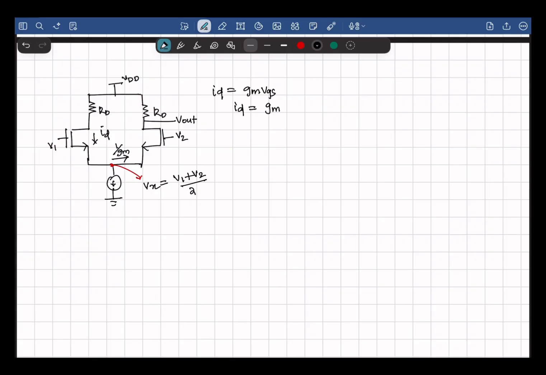So the small signal current ID is equal to GM times (V1 minus V2) divided by 2. Because obviously here, since the current source is open circuited in small signal, and the VDD would be grounded, would be AC ground.